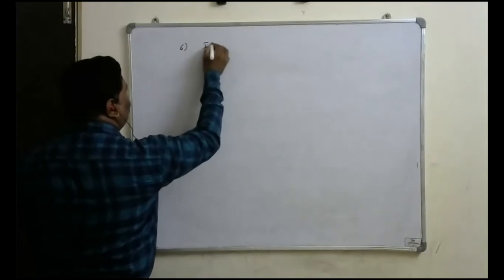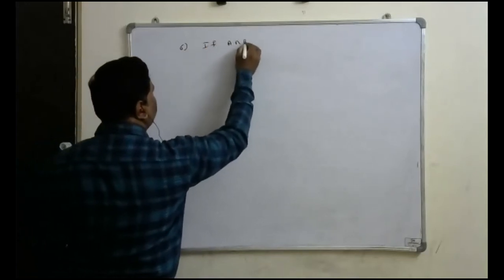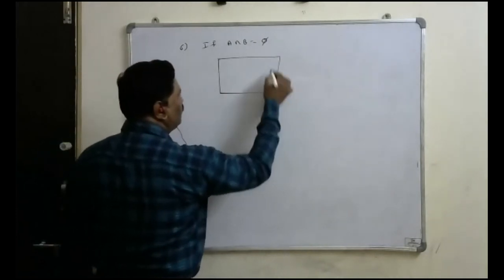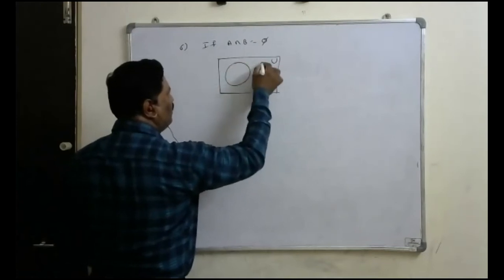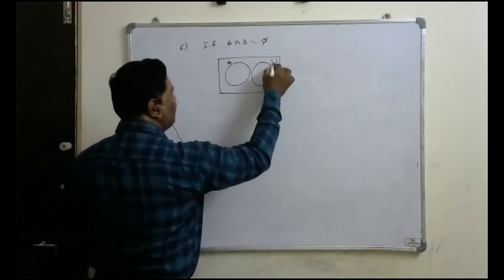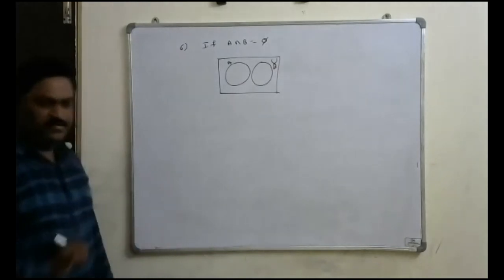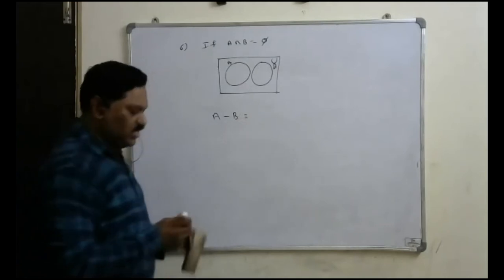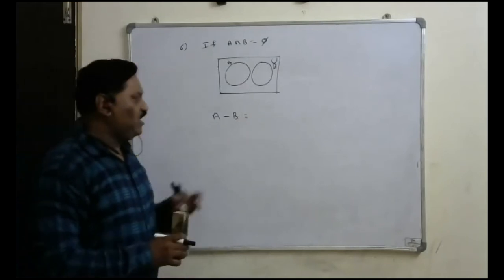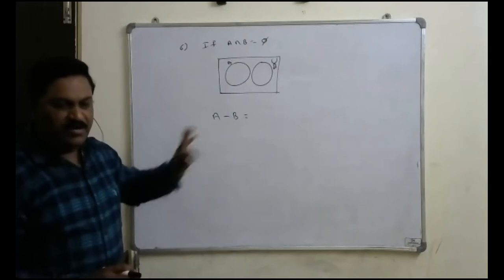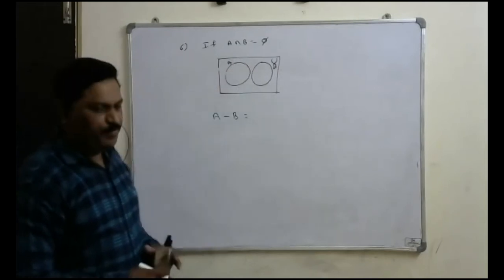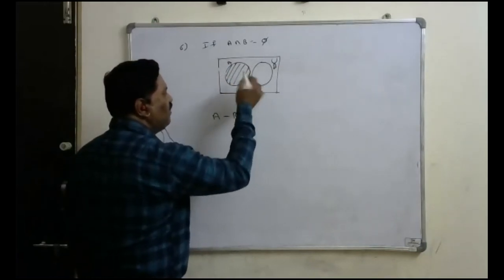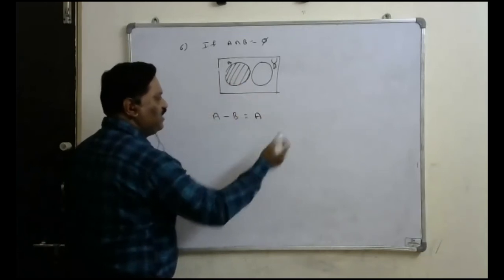Sixth problem. Suppose A intersection B is equal to pi, which means these are called disjoint sets. Suppose this is the universal set, this is the set A and this is the set B. These are two different sets with no common elements at all. Then A minus B is the set of elements available in A only but not in B. From this A part you have to separate the B part, but there is nothing common, so the entire A is what we get.